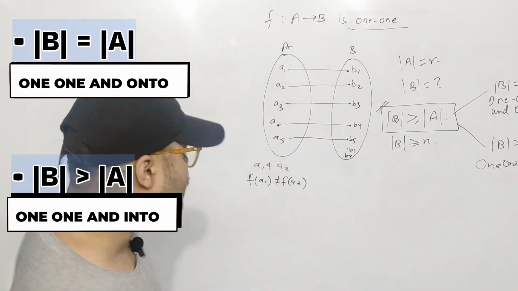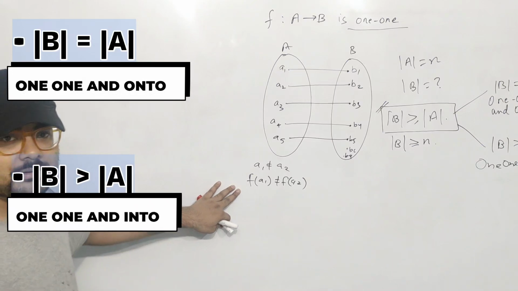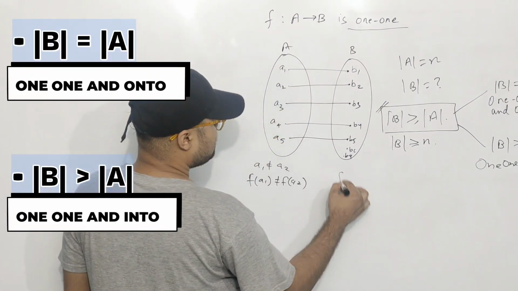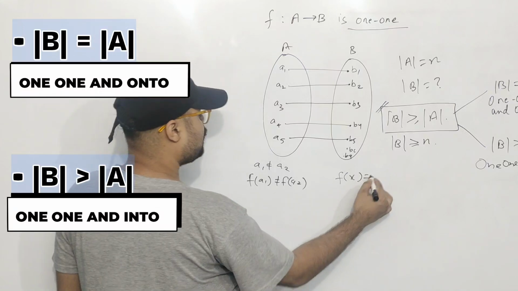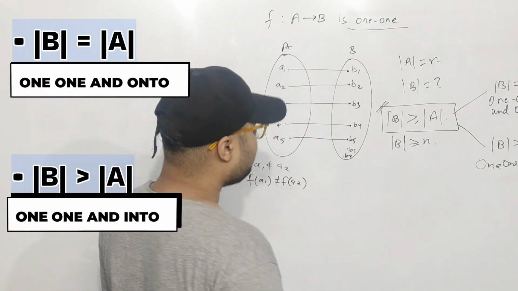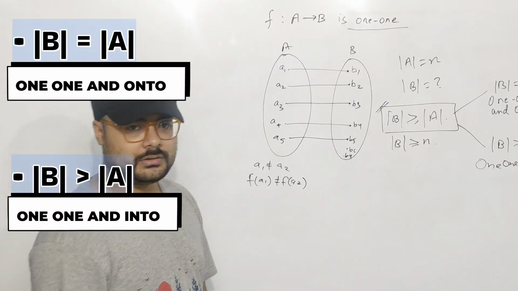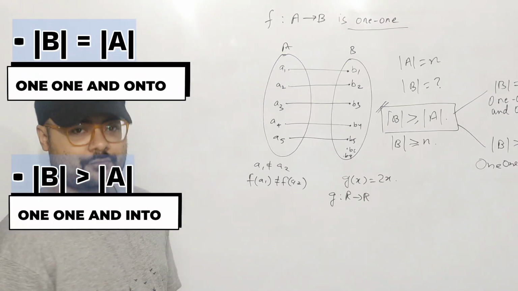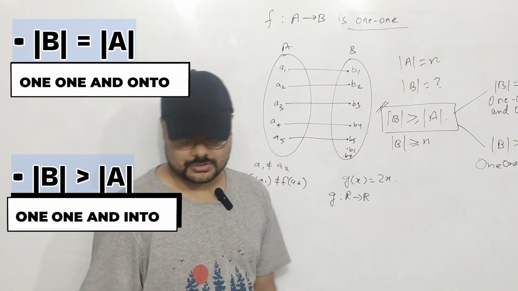It's very simple. Let's say f of x is equal to 2x. So here f is from A to B. Let's take an example where g is from R to R. We have seen in the last video that it is a function and it is a 1-1 function.